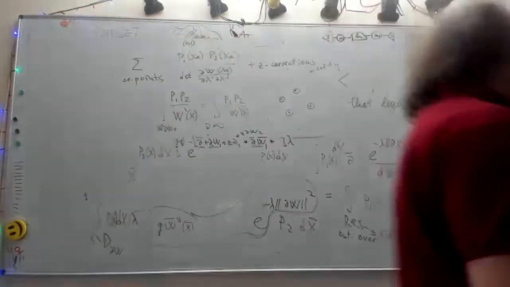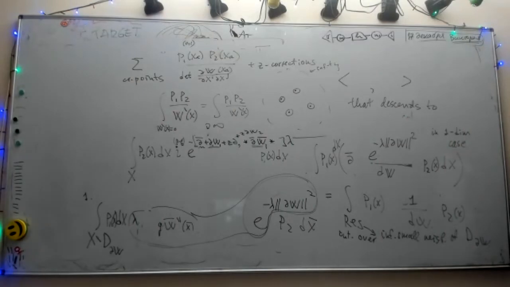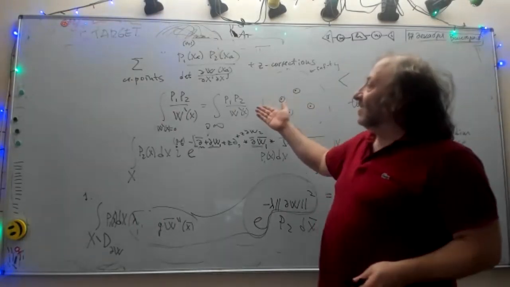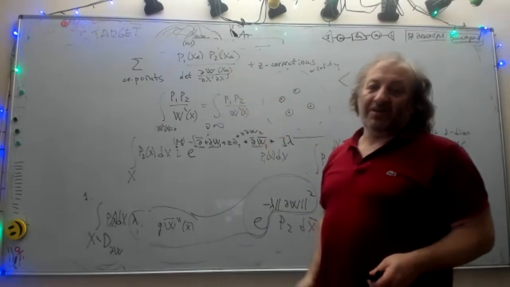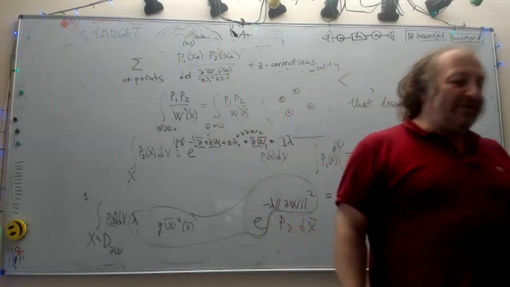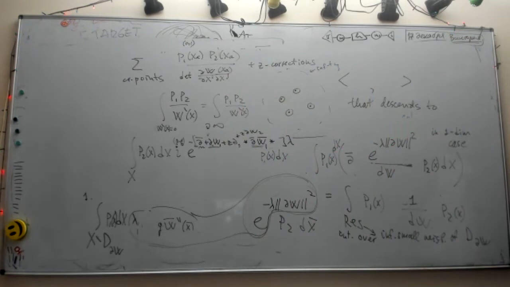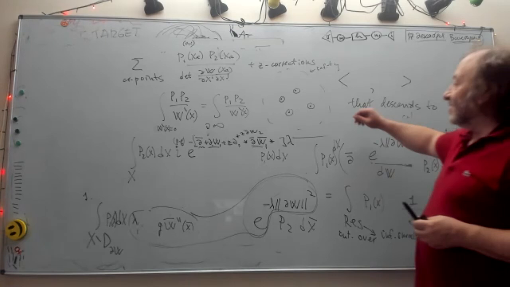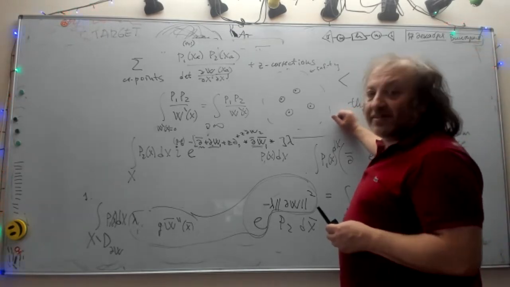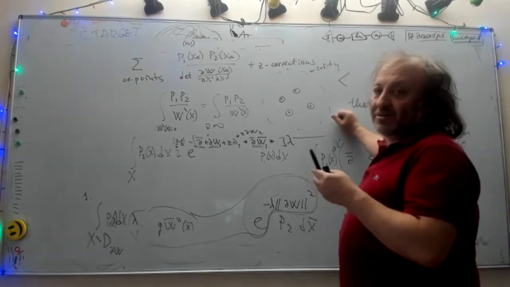Okay? That's why these formulas, you see, have some meaning. It's not just taking contours here or there. And that's why these formulas are important in mathematical physics, not only in singularity theory.